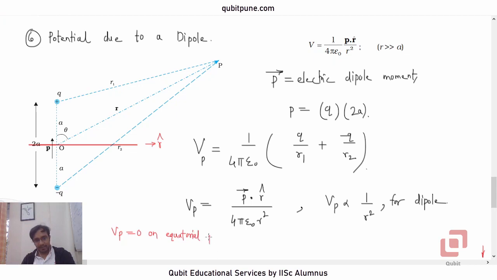Later we are going to call this, or rather we have called this in our regular lecture, an equipotential surface. That means the locus of points where the value of the potential in a field is the same.